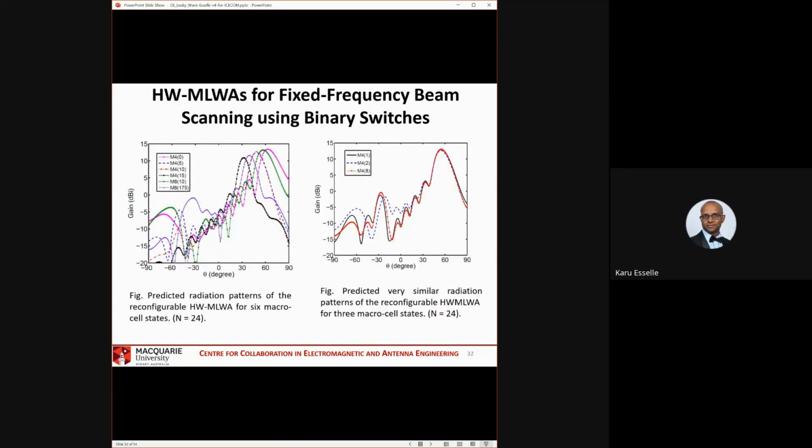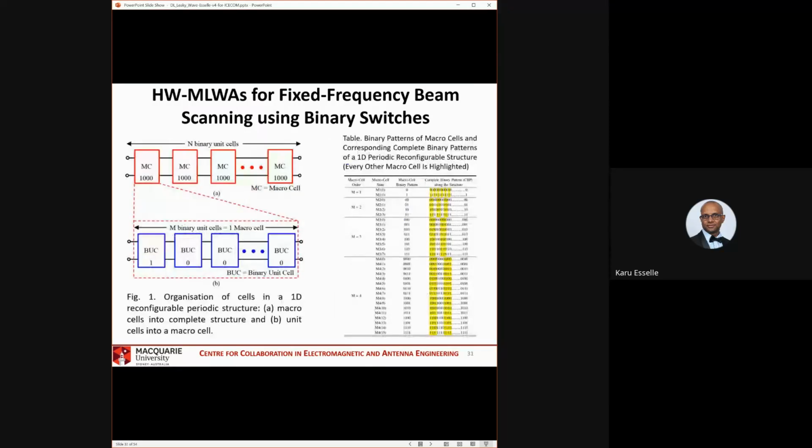Okay, so we applied these complete binary patterns to this antenna and simulated this. These are the radiation patterns for 6 macro states, starting from M4 0.